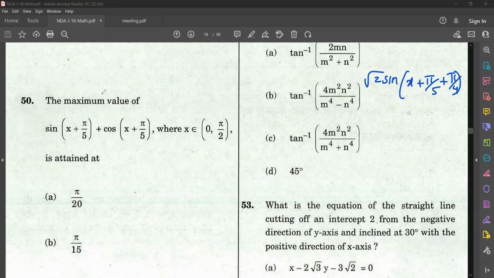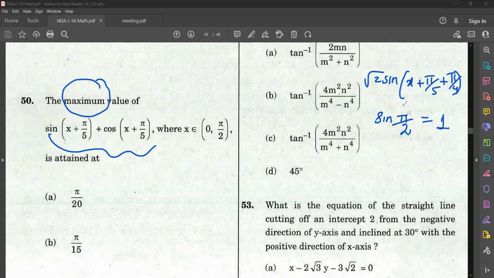Now, they are saying that you need the maximum value of this function. So when does sine have its maximum value? That is when sin θ is sin π/2, that means θ is π/2. The maximum value of sine is 1.